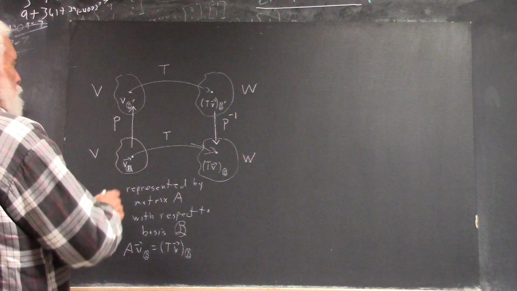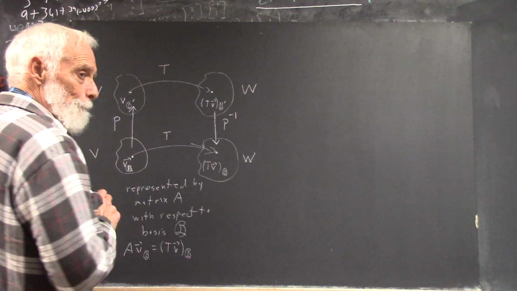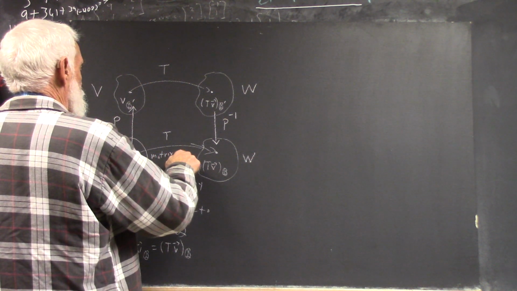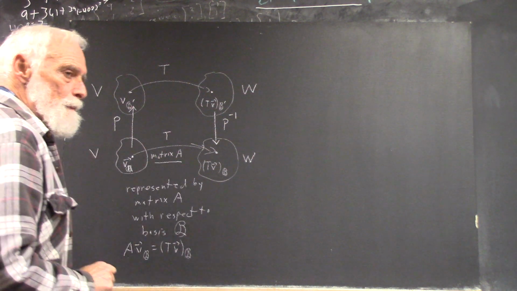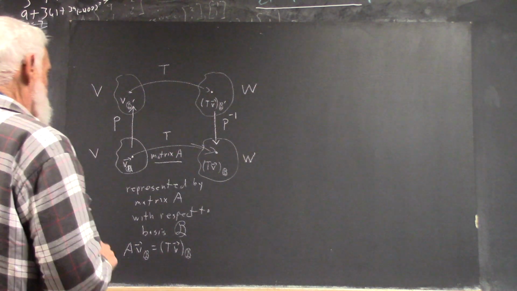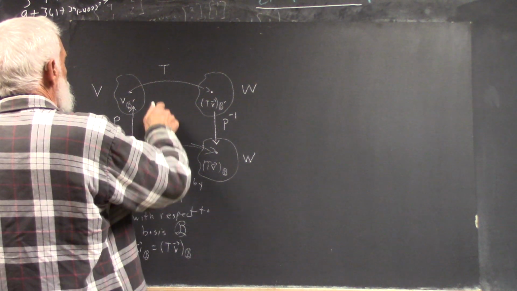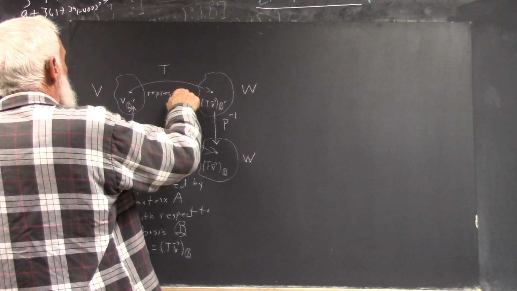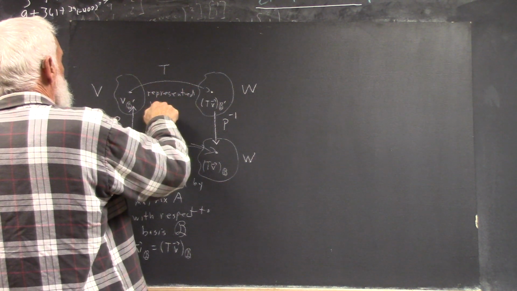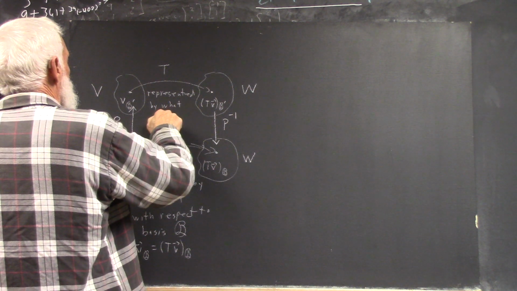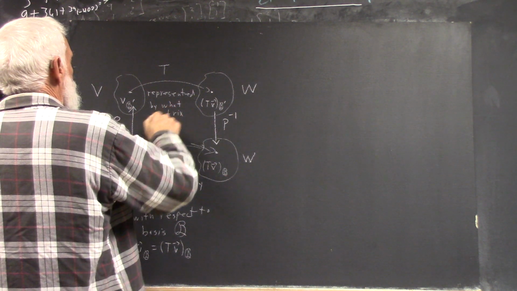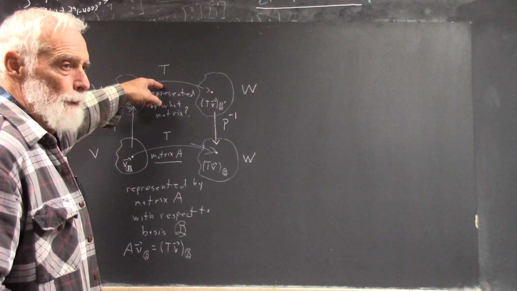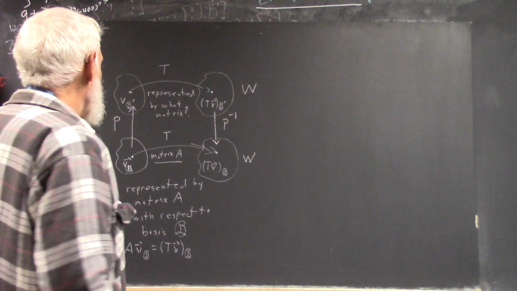So, the question is, what's the matrix here? Well, let's just call this matrix for the moment A prime.